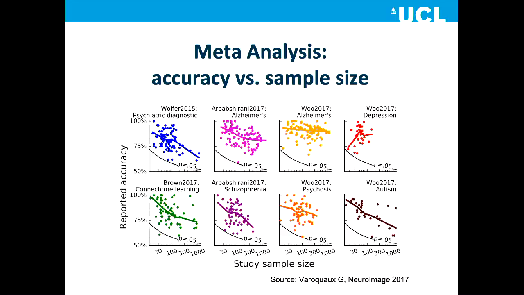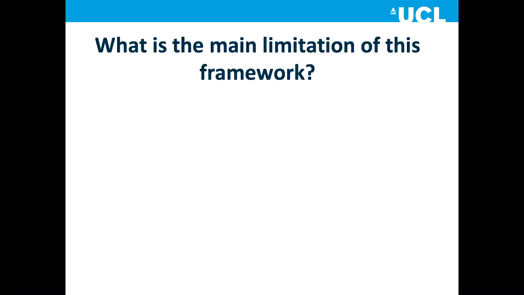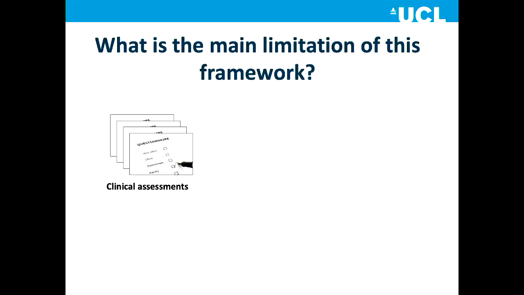Because I started my career using classifiers for many years, after applying classifiers to many samples, I started realizing that there was a problem with this framework. In my opinion, the main limitation is that the clinical assessment the clinicians make with mental health patients is very rich, so they collect a lot of information, but all this information is summarized into a single label, which is the categorical classification.